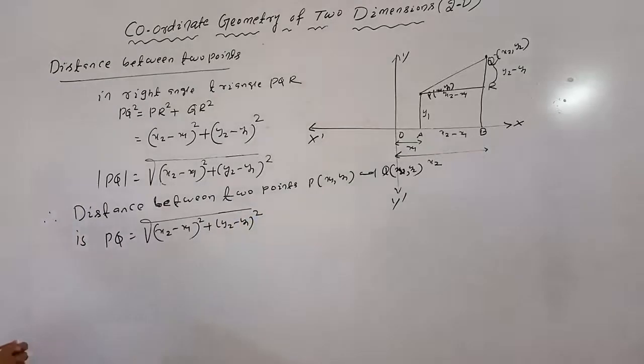Okay. So you determine the distance between 2 points as the square root of the x coordinate difference square plus the y coordinate difference square. Okay.